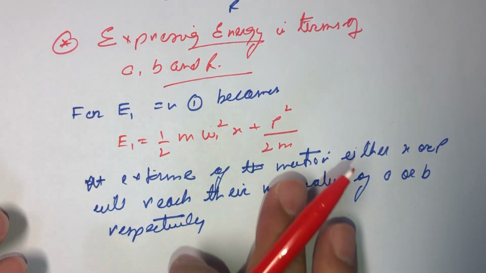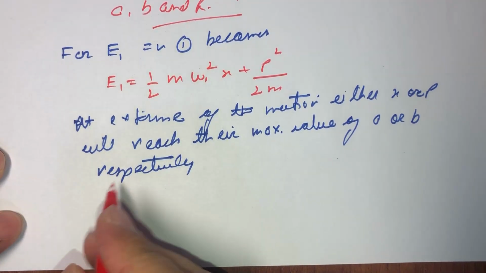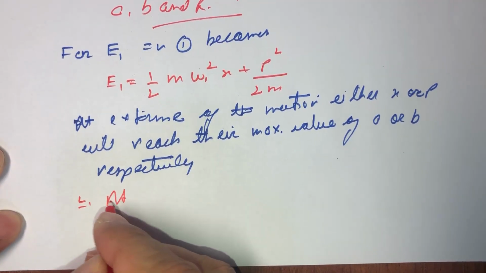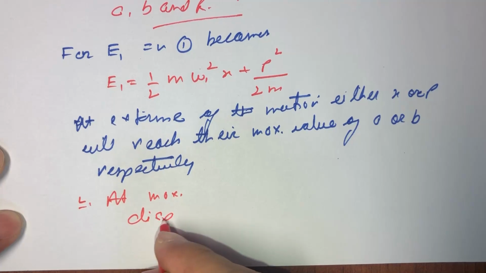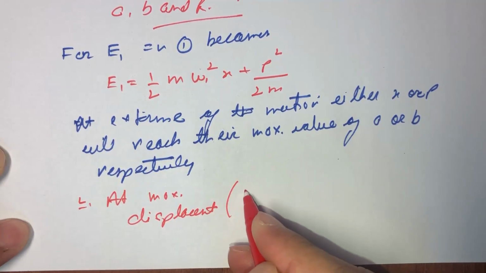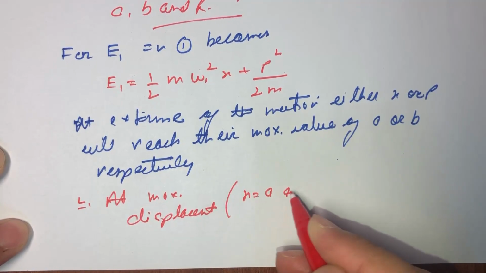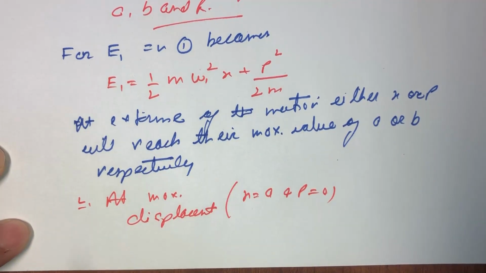So therefore we can write that at maximum displacement, x will be equal to a and p will be equal to 0 in one direction.